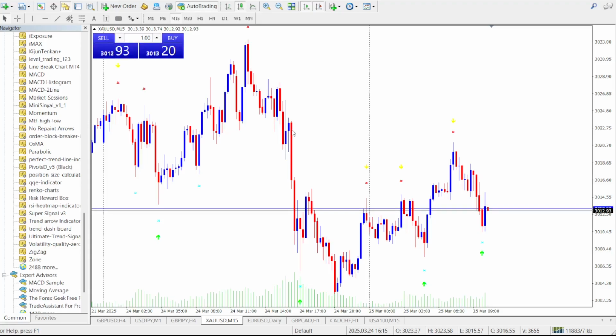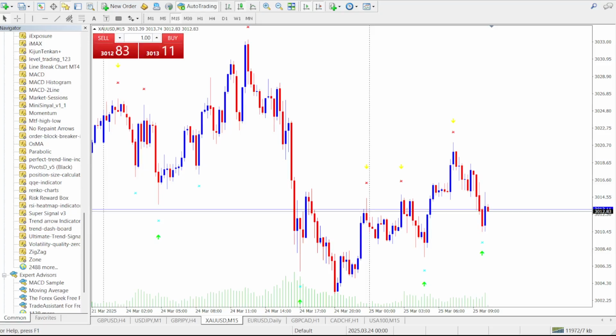You can also see that the indicator acts as support and resistance. The arrows help traders identify key levels. So the Super Signal V3 indicator makes it easier to plan trades by offering clear entry and exit points.